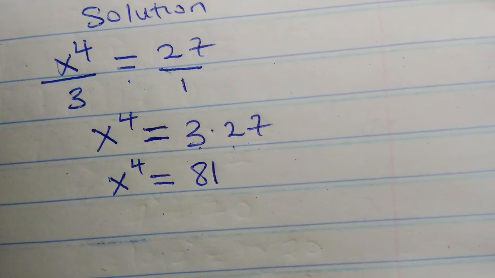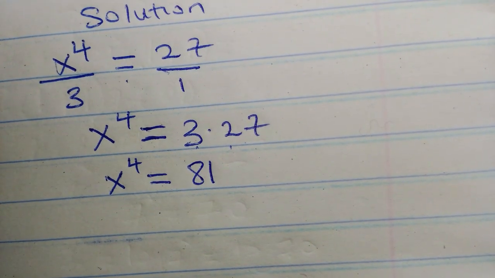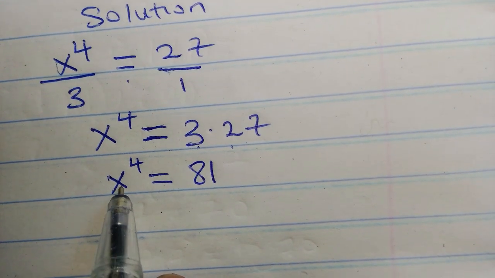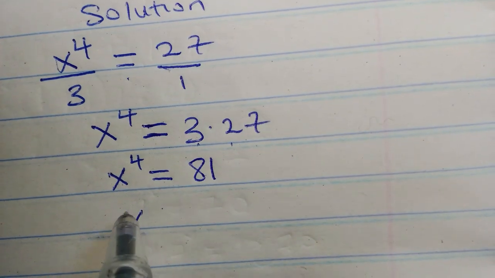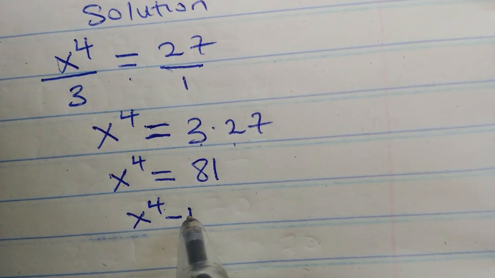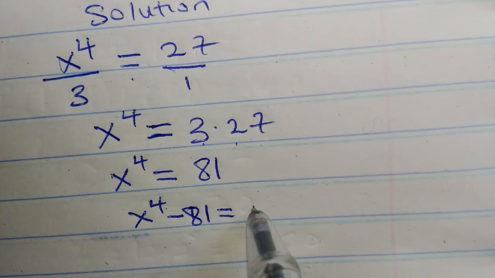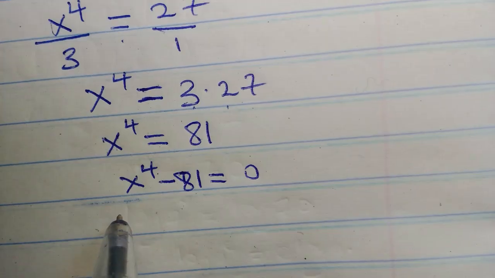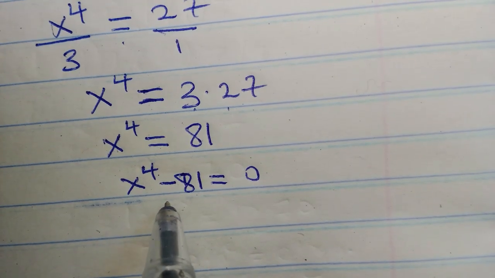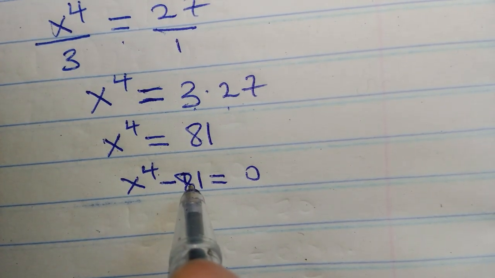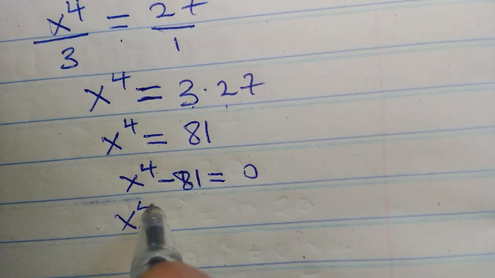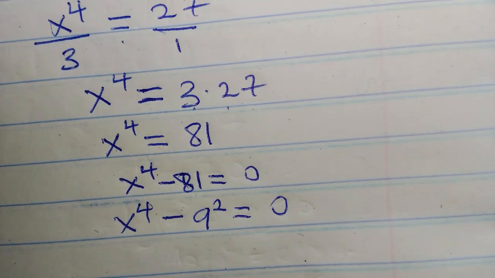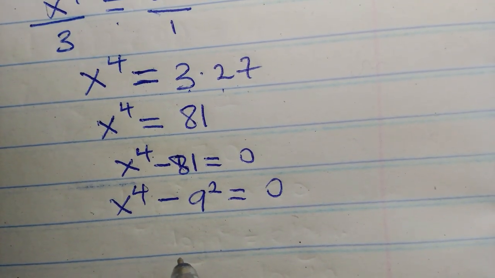Having done this, this is what we now have. The next thing we are going to do is to put this to the other side. So we have x to the power of 4 minus 81 equals 0. So we can write x to the power of 4 minus 9 to the power of 2 equals 0.